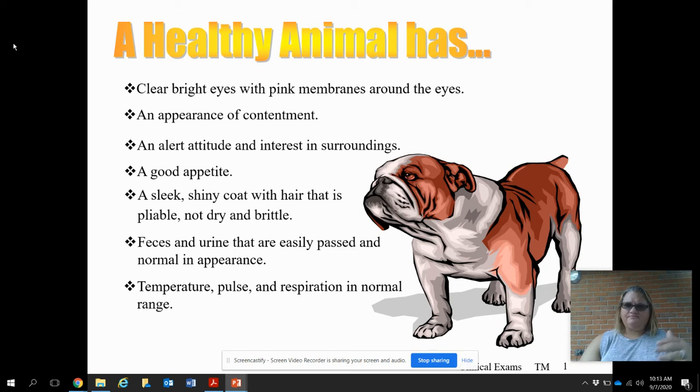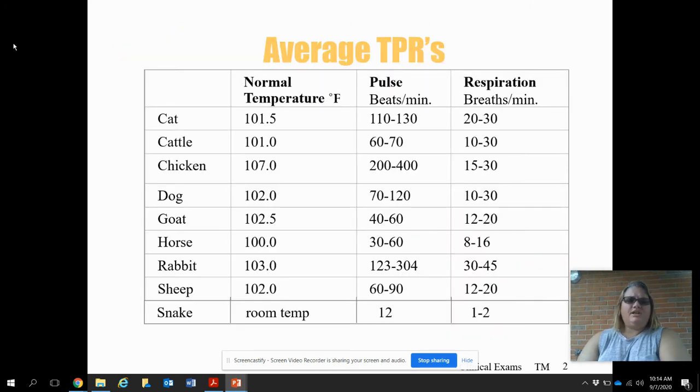A fever might indicate an infection. Increased pulse or respiration can indicate pain. And so we just want to make sure that we know the normal for that animal, just like we know the normal for us.